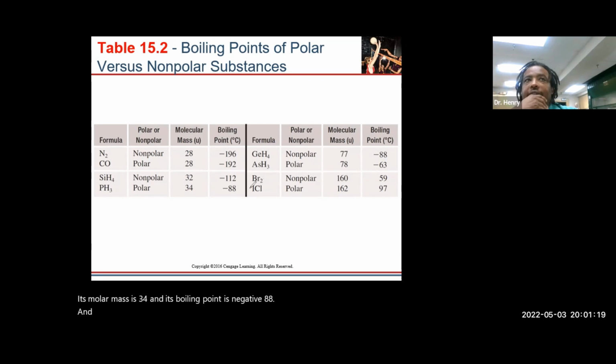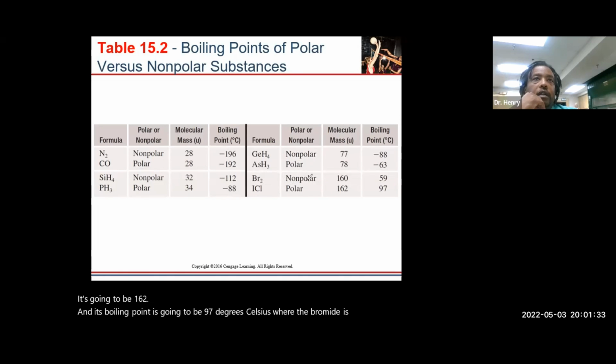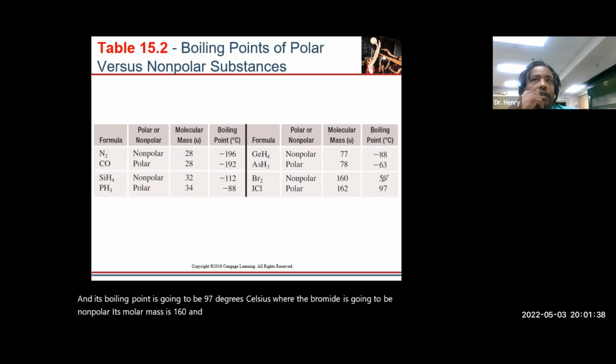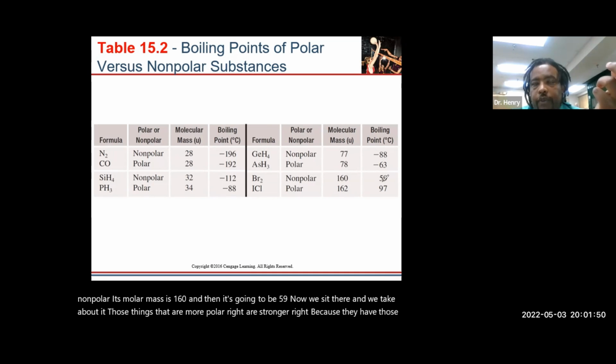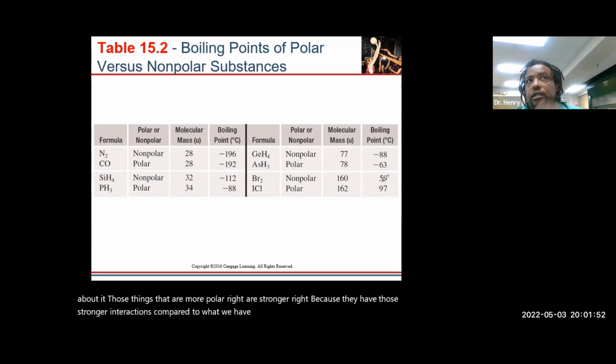And then we have iodine chloride, which is polar. Its molar mass is 162, and its boiling point is 97 degrees Celsius, whereas the bromine is nonpolar. Its molar mass is 160, and its boiling point is 59. Now, if we think about it, those things that are more polar are stronger, because they have those stronger interactions compared to the nonpolar ones.